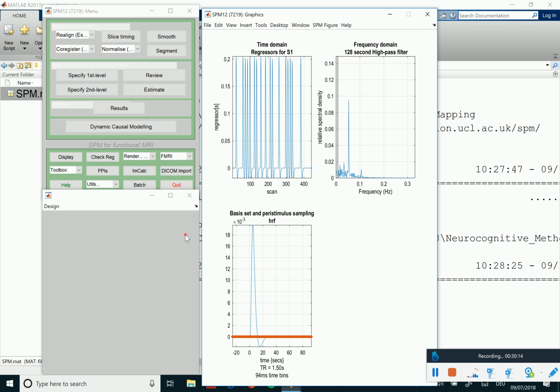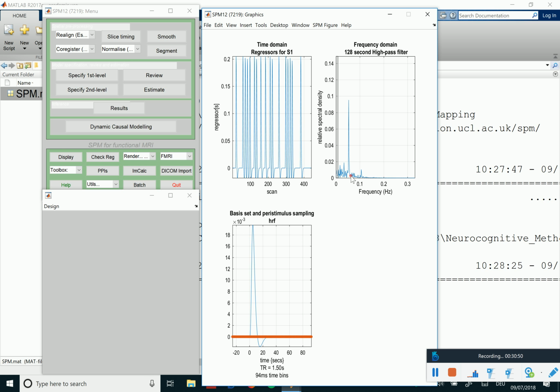This shows the time domain regressors. So now I'm not looking at this from a design matrix perspective, but over time, although it looks a little bit squeezed in time. And what one can see is the frequency power of the design, with respect to the high-pass filter, so that one makes sure that one doesn't filter out the signal.